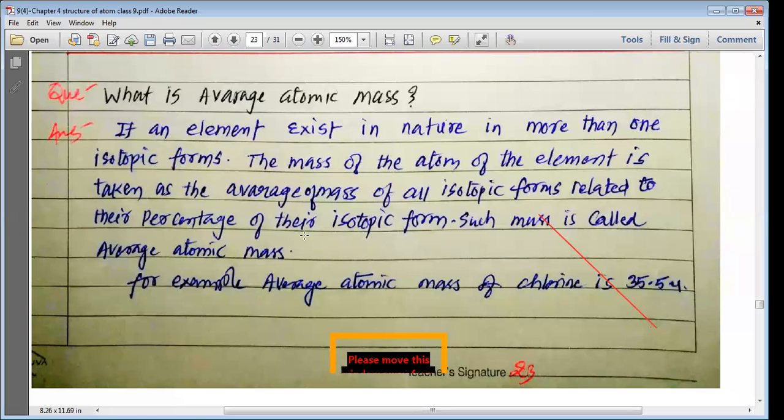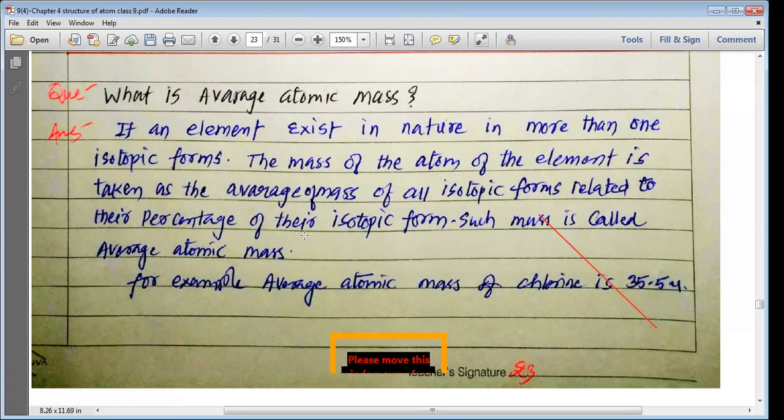When we calculate their atomic masses, we need to take an average atomic mass for all these isotopes. So first of all, we need to find out in what proportion or percentage these isotopes exist. And then by knowing this, we can calculate the average atomic mass for this element.